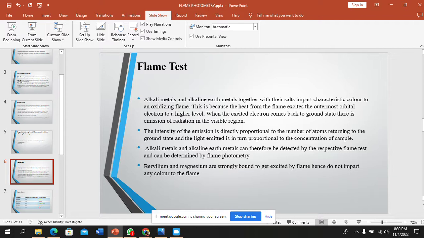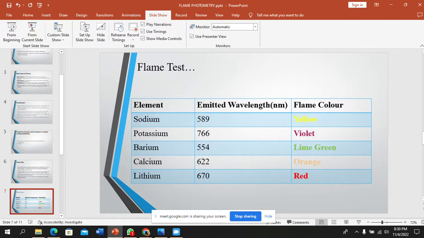Because of that, we can use that specific property to test for their presence in a sample. So we have a chart here, and I want us to go through the chart. We have an element, we have emitted wavelength, and we have the flame color. You see that sodium has a wavelength of 589, and what is the flame color, class?